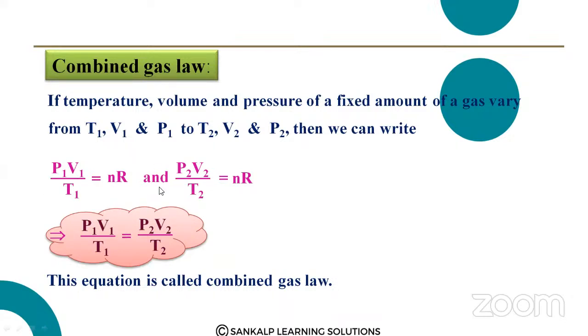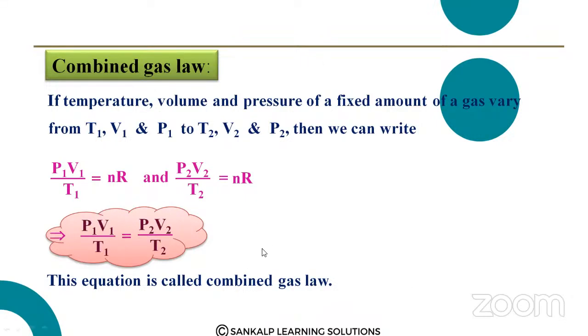You just substitute and you get P1V1/T1 = P2V2/T2. This is the combined gas equation. You are calculating the different temperatures, volumes, and pressures for a fixed amount of gas which varies from T1 to T2, V1 to V2, and P1 to P2.